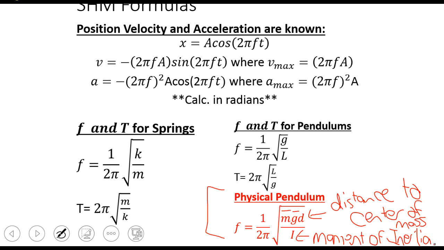When we talked about moment of inertia and circular motion, you had that big page with all the formulas, and that's where you get this from, right? The big idea behind physical pendulums is the same idea behind normal ones, which is that if the center of mass is closer to the pivot, then the period is going to be faster, right? They can go through one revolution much, much faster.